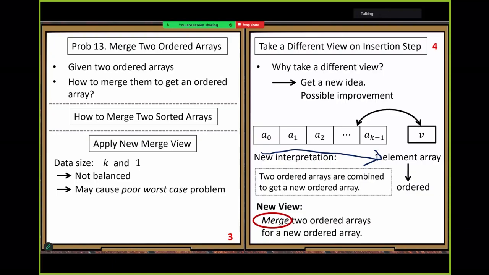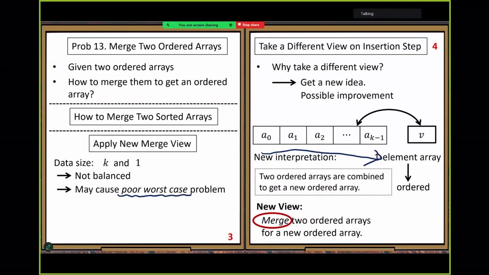Otherwise, if your new sort has no improvement in any aspect, why do it? So in this new sort, we need to consider the improvement. This improvement is at the worst case, the poor worst case.